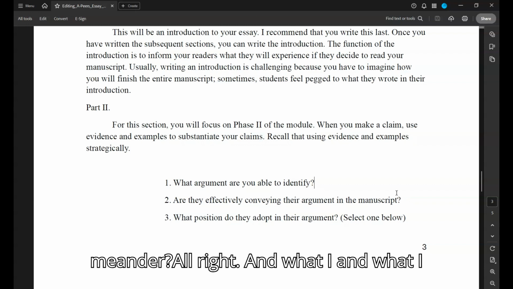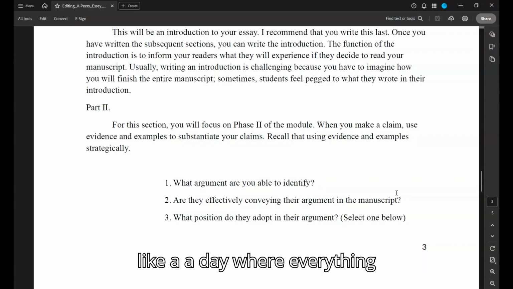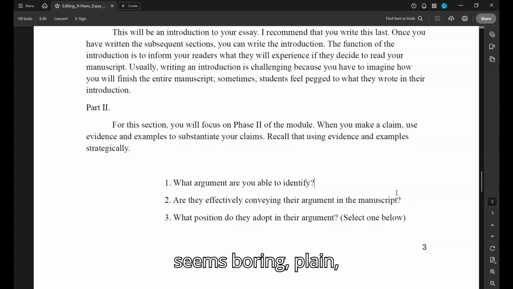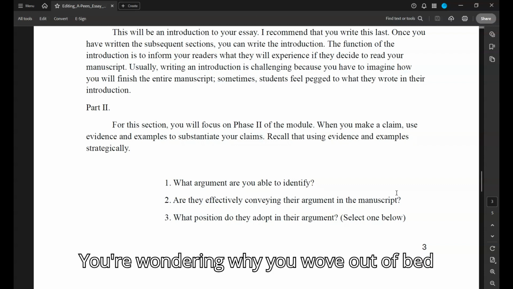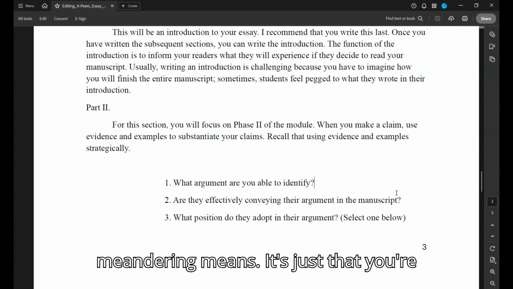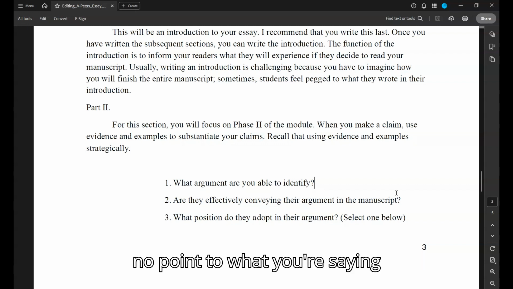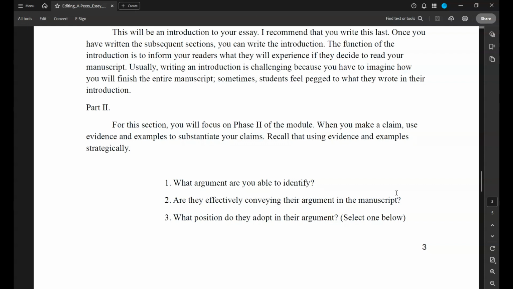What I mean by meander is, how many of you have had a day where everything seems boring, plain, uninteresting, and you're wondering why you rolled out of bed that day? That's what meandering means. You're just walking or talking and there's no point to what you're saying other than filling the page numbers for an essay.